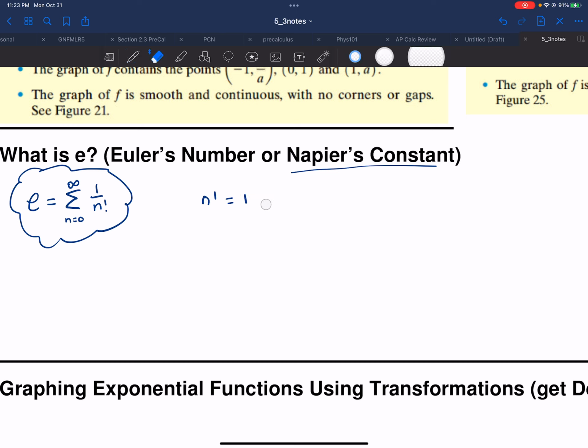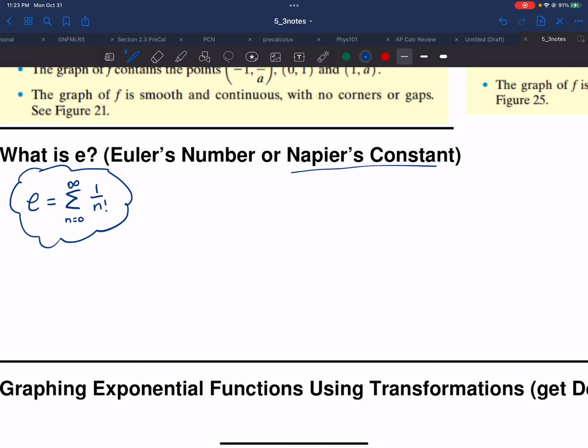So when I look at this summation, this is the sum of, it's the Greek capital letter sigma, from n equals 0 to n equals infinity.